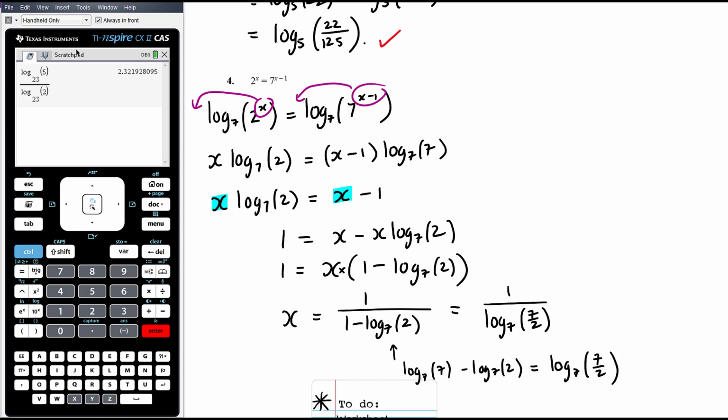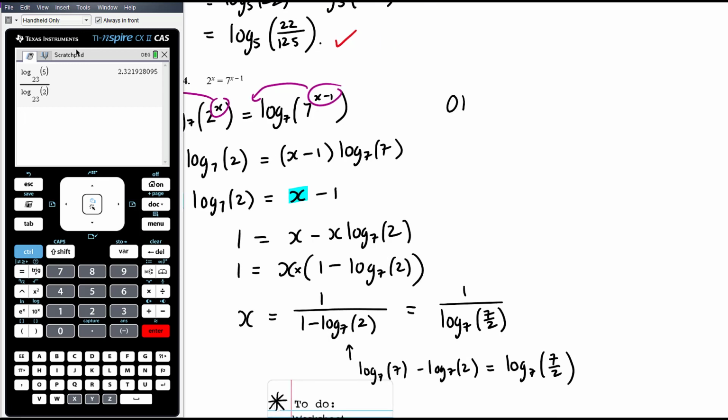The other thing is you might have chosen right back at the beginning to take log base 2 of both sides. Log base 2 of 2 to the power of x equals log base 2 of 7 to the power of x minus 1. And then again, you would have ended up with a very different expression. So just make sure that you can check that whatever expression you get, the decimal approximation is still equal to the same value, okay?